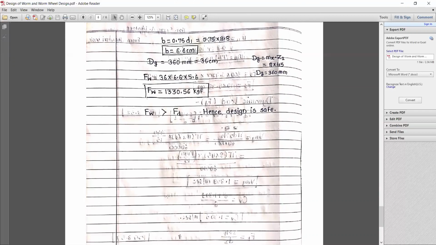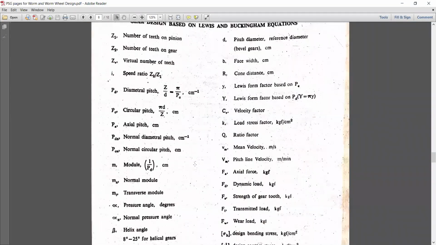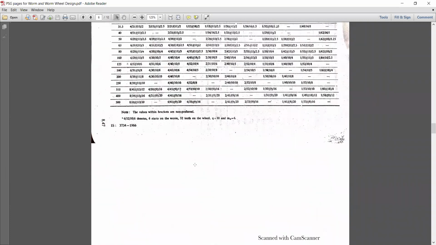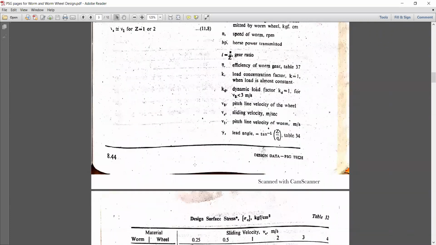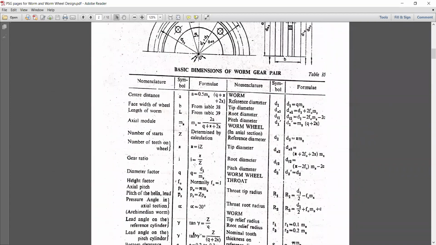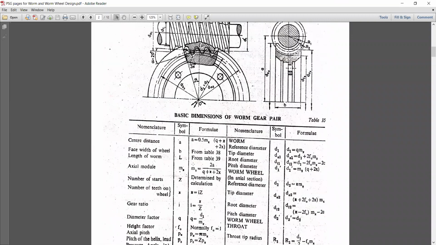Now you can calculate the remaining basic values, or terminal dimensions, using PSG. Referring to PSG page number 8.43, table number 35, you can find all the basic dimensions of the worm and worm gear.